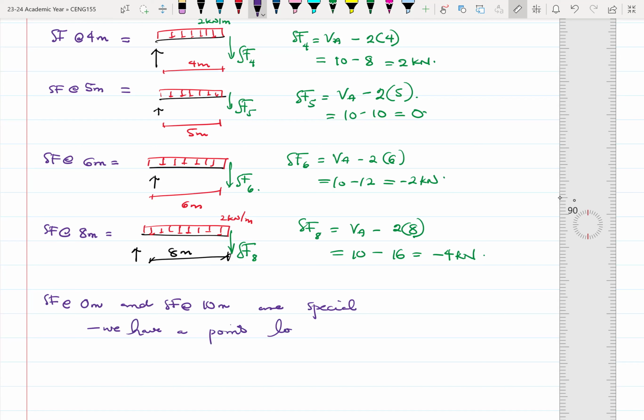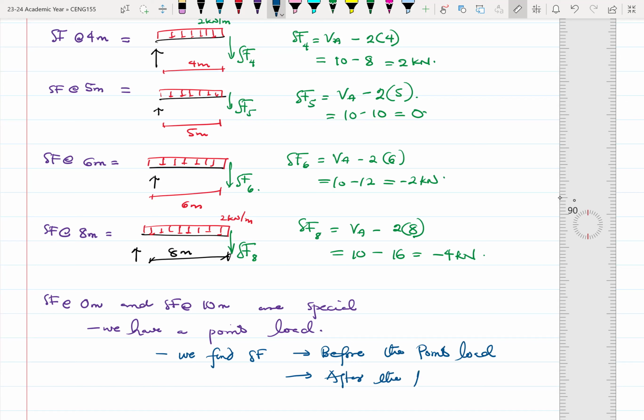Just as in the first case, when we have a point load, we find the shear force before that point load, and then the shear force after the point load.